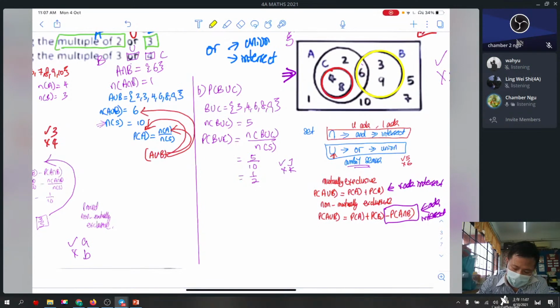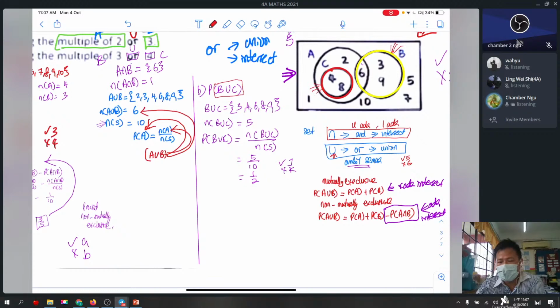Okay, I'm asking. B union C. You see set C and set B. Is there any intersect?